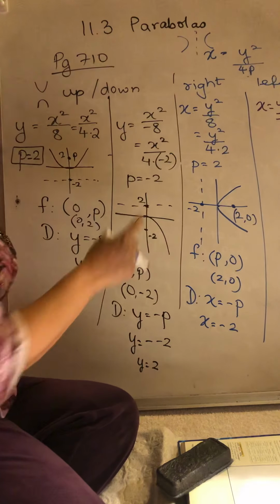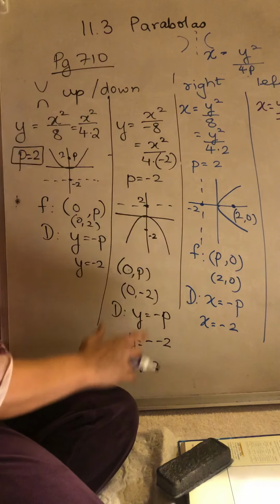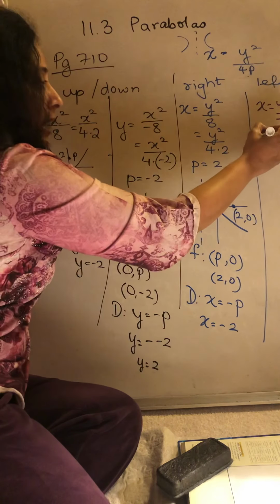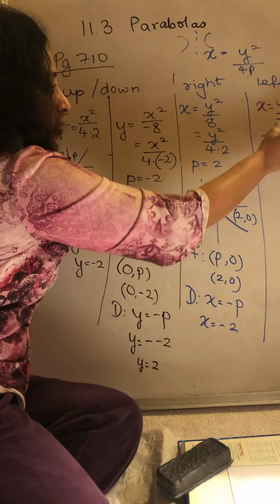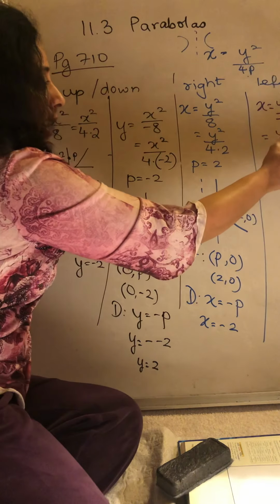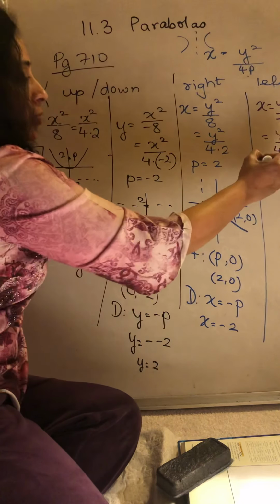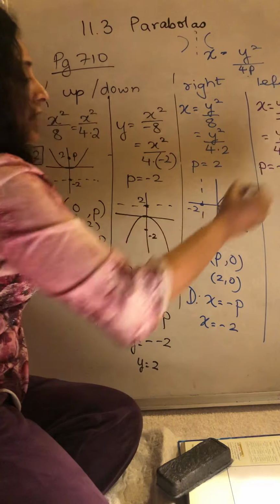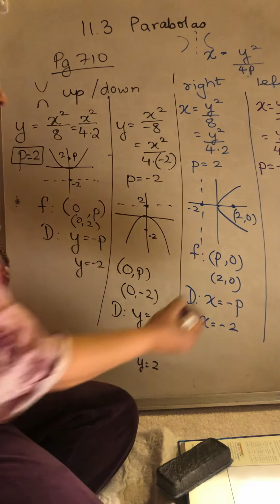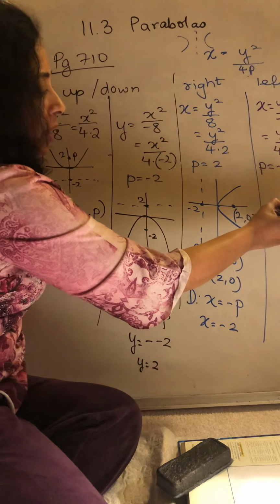And this is negative, so out of left and right, it is the left one. But how can I think about this? I write it as y square over 4 times what? Negative 8 means it's 4 times negative 2, which means my p is negative 2.